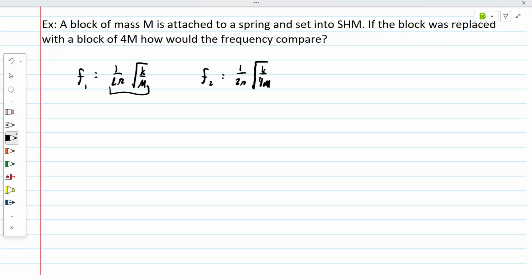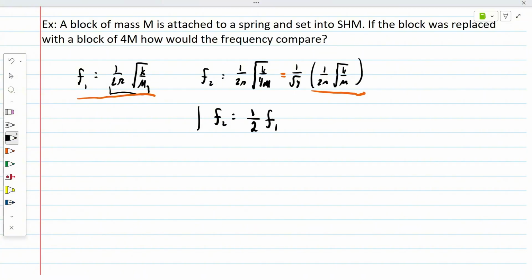If we pull out 1 over the square root of 4, and then in here we just have 1 over 2 pi square root of k over m, well, this piece right here is just f1. So now we can rewrite it as f2 equals 1 over the square root of 4, which is just 2, so we have 1/2 f1, and that would be our relationship that we can derive using that equation.